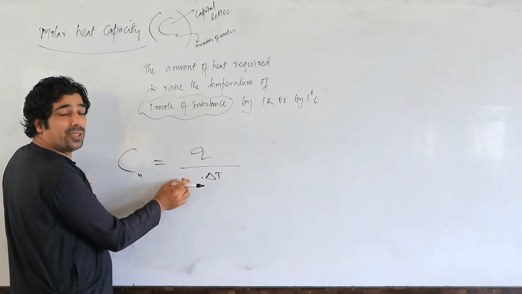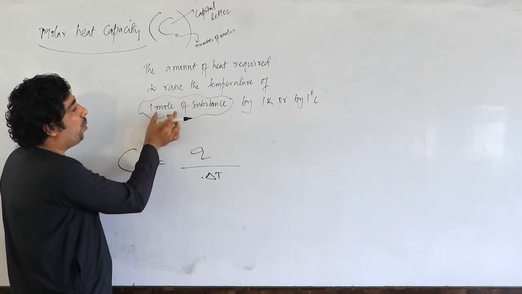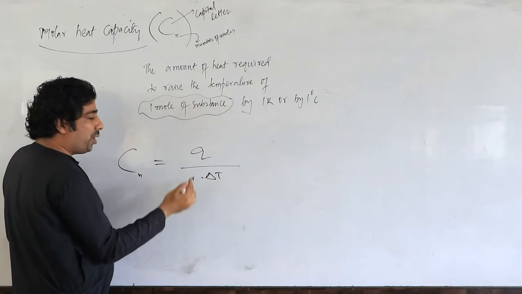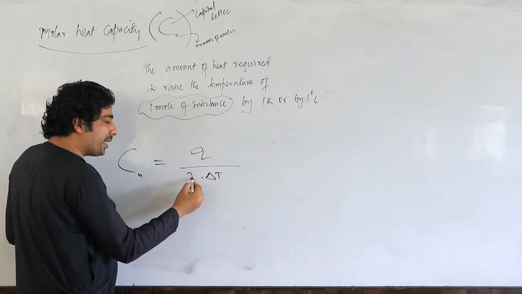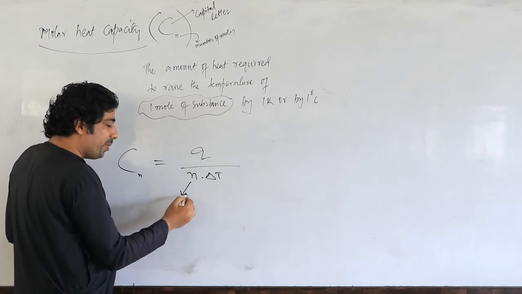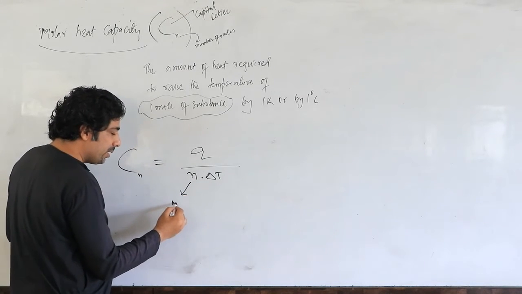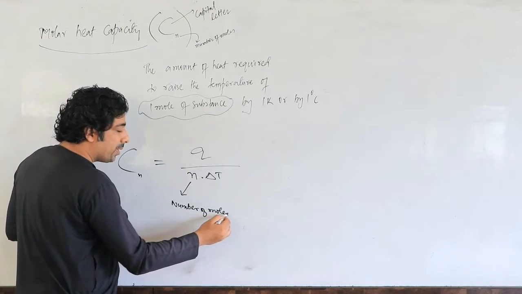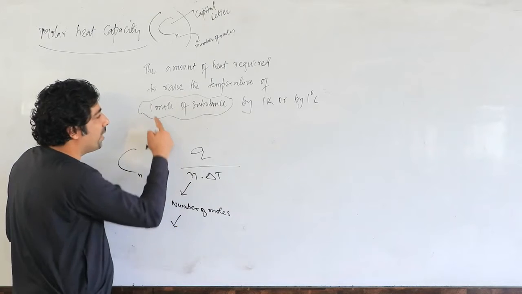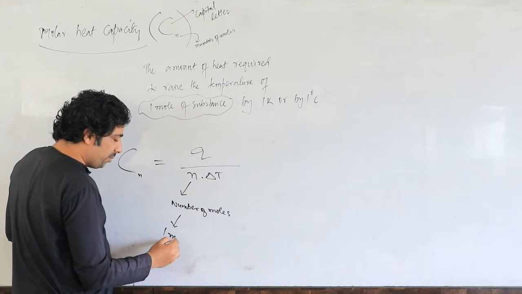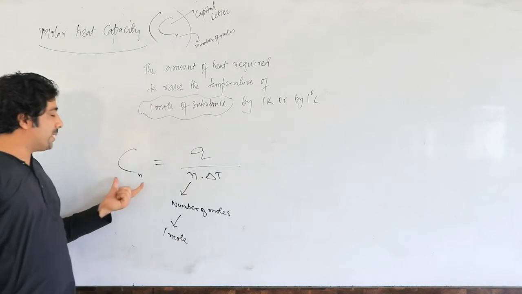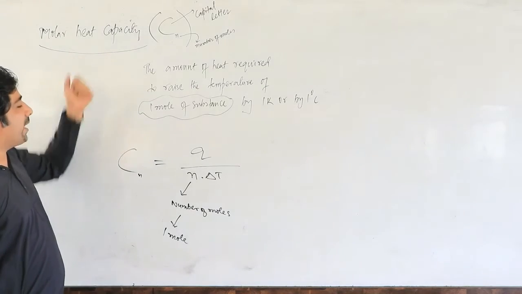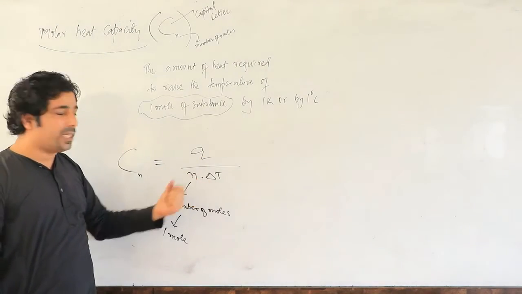But here we are actually raising the temperature of 1 mole of substance. So for 1 mole of substance I will write down n, the number of moles. So Cn will stand for the molar heat capacity, that is Q upon n into delta T.